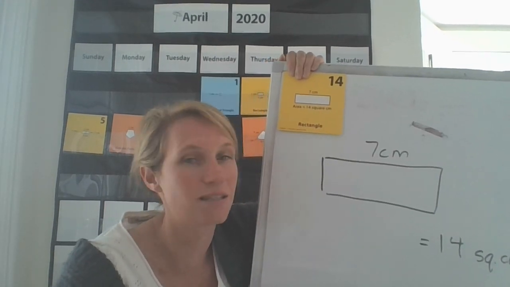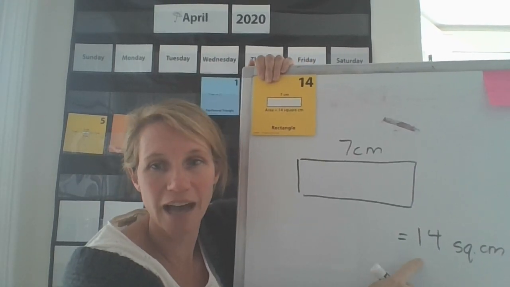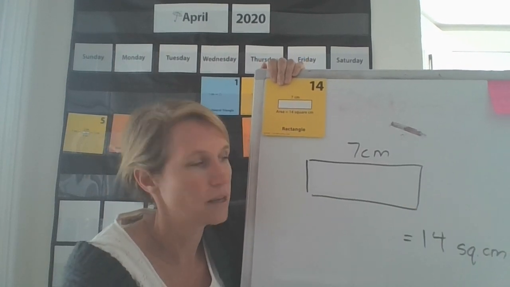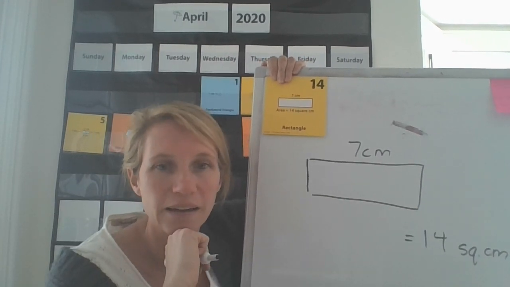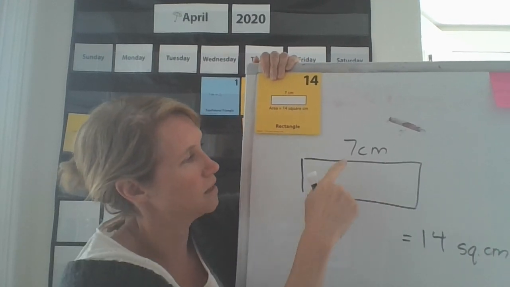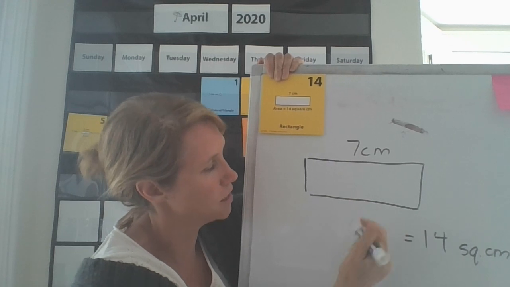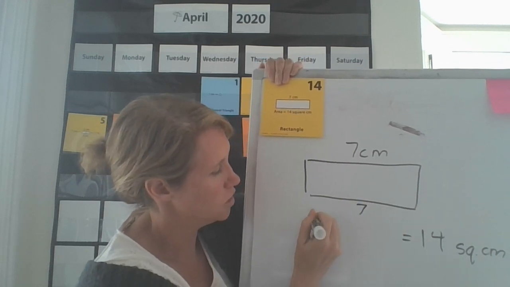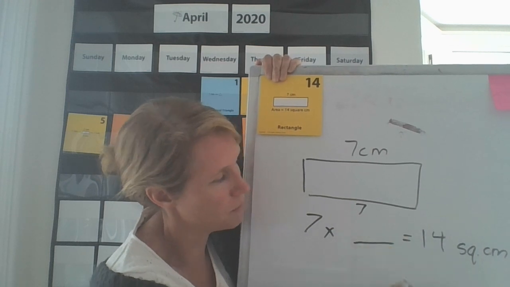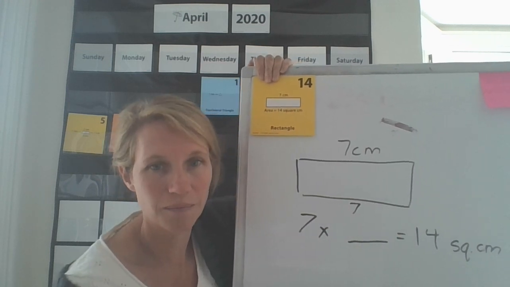Okay, well, let's break this down. The area is actually going to help us figure out the missing dimensions. Because we know to find the area of a rectangle, we're going to multiply the length times the width. The length of this rectangle is 7. So we need to think in our mind 7 times what number equals 14?